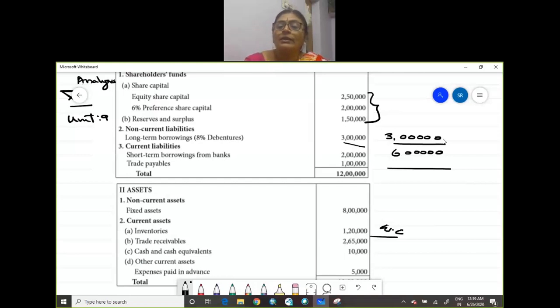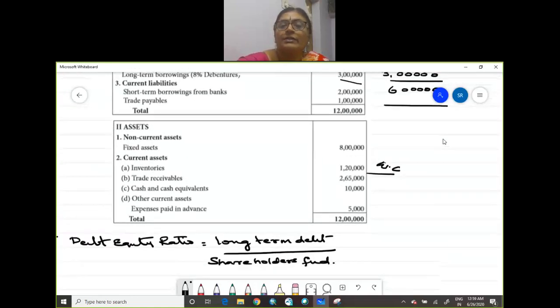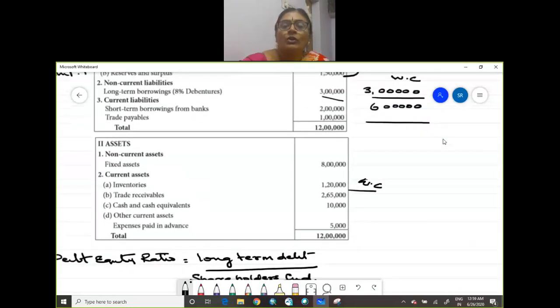Now that you have done your working, let us complete the ratio. Debt equity ratio: your long-term debt is very easy, you easily found out 3 lakhs, divided by shareholders fund, which is 6 lakhs. So you cancel it: 3 will go here once, 3 will go here twice.